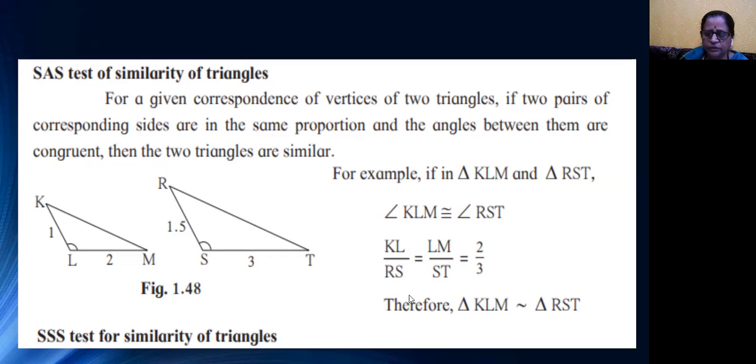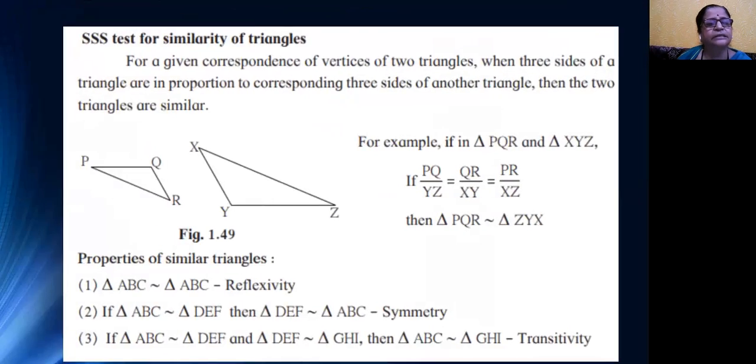So next we are going to study the SSS test. This SSS test means that for given corresponding vertices, when the three sides of a triangle are in proportion to the corresponding sides of another triangle, then these two triangles are similar.